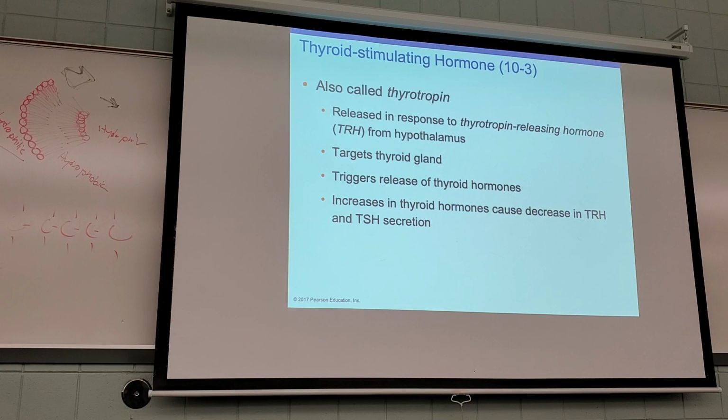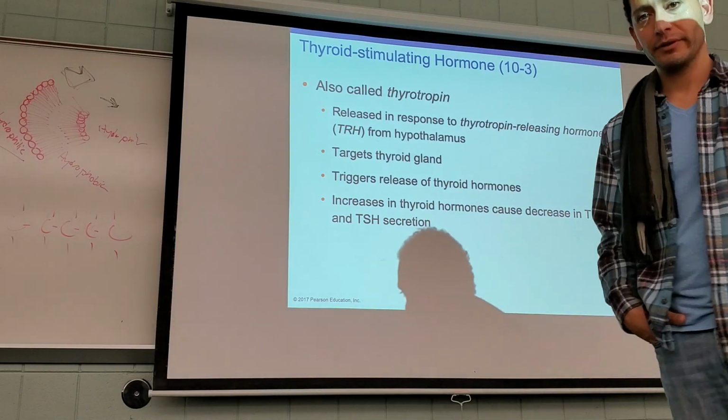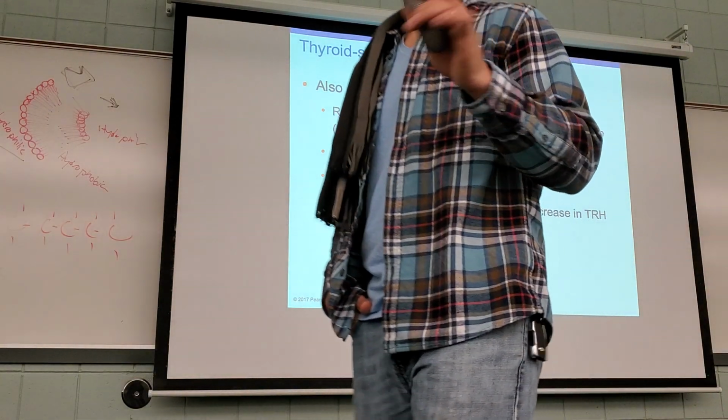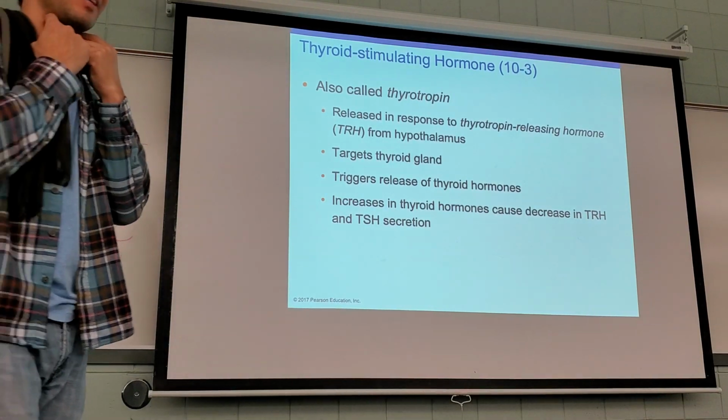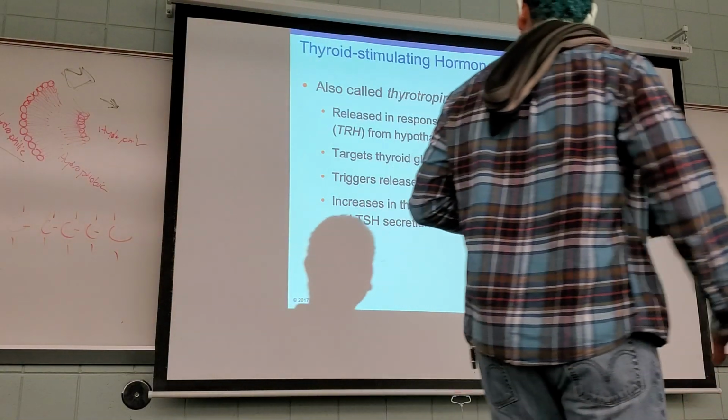All right, thyroid. The thyroid and the parathyroid. These are probably the two easiest ones to do because they're opposites. The parathyroid are just these little red dots on the back of it.